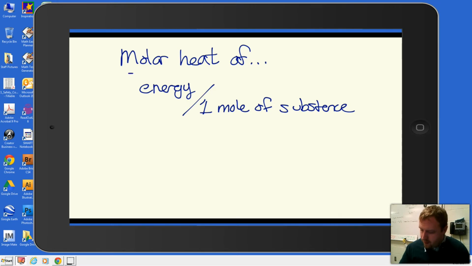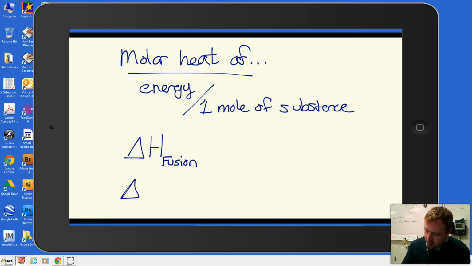Now, there are 4 of these that we are concerned with, 2 of which we will primarily focus on, and that is the molar heat of fusion and the molar heat of vaporization.